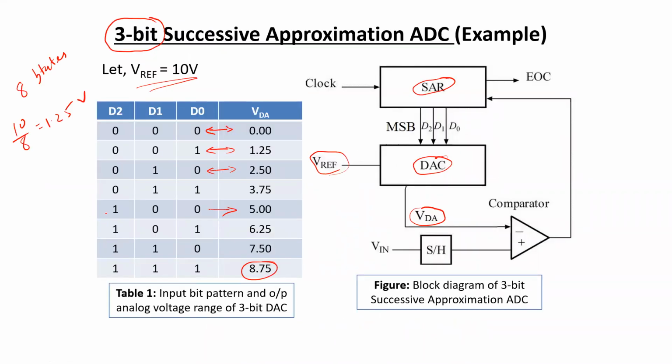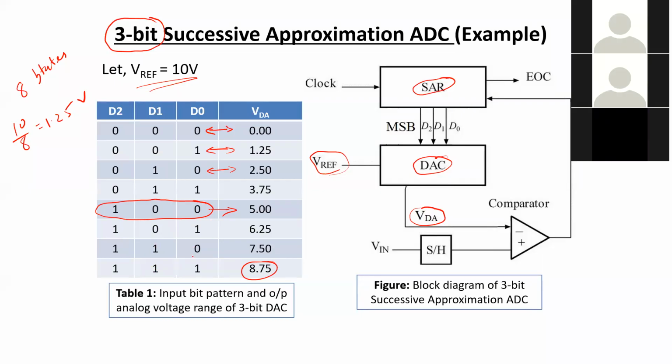So we were at this stage now when the MSB was set to 1 and the other bits were set to 0. So if we keep the MSB equal to 1 and try to check the other possibilities of the states of the other bits, it will only increase our VDA. It will not decrease the VDA. But according to the current status, we need to decrease the VDA.